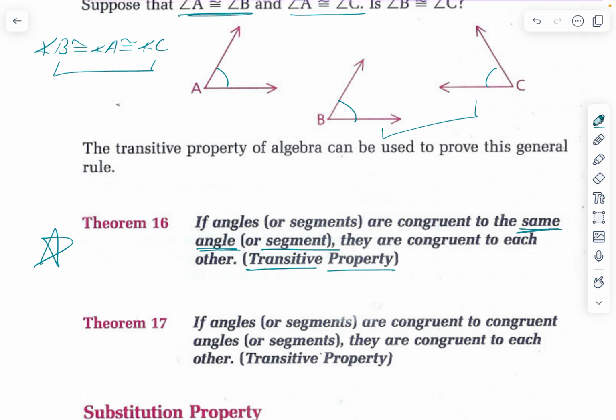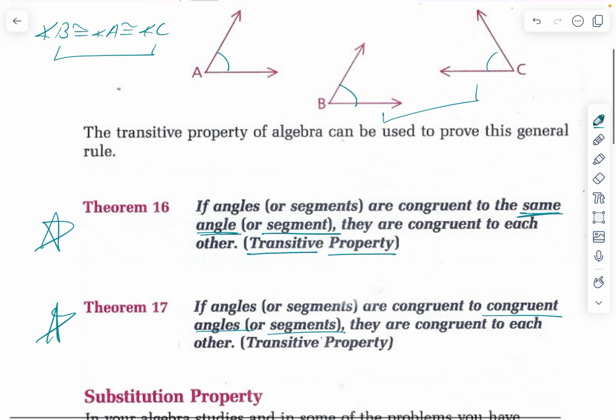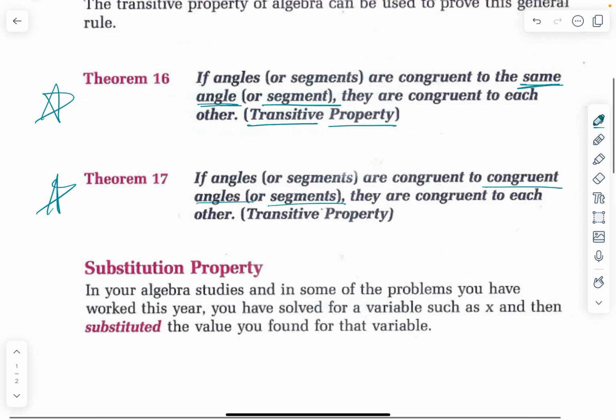That works. Similarly, if angles or segments are congruent to congruent angles or segments, then they're congruent to each other, and that's still the transitive property.